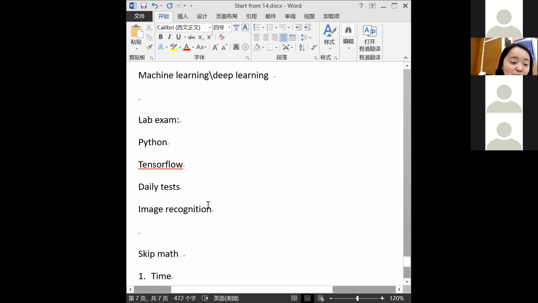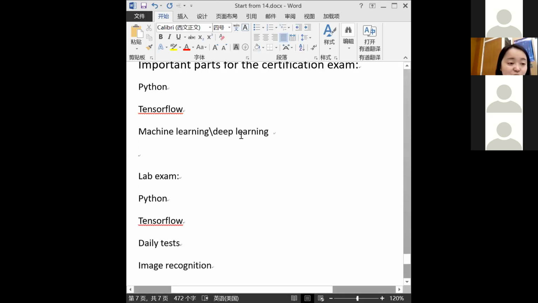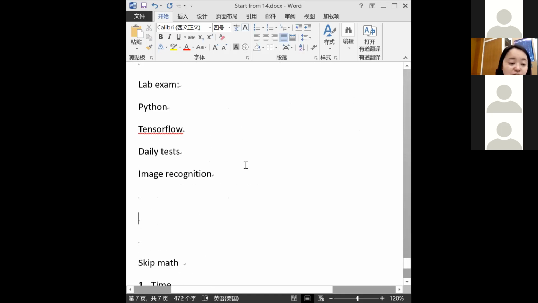So for the exam, focus on these 4 parts. And for the presentation, just choose the topic you like, any topic related to AI. That is the key parts for the certification.